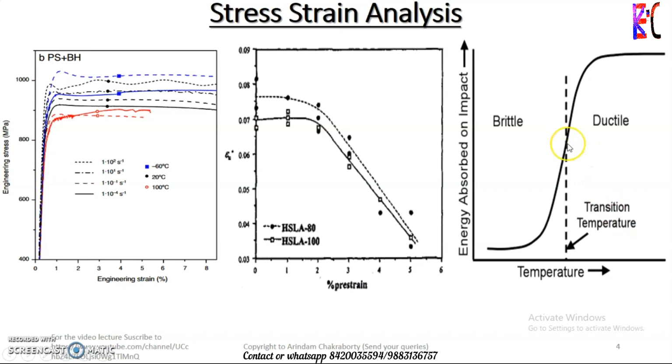There is a certain temperature at which a material can behave like a ductile material, and the same material can also behave like a brittle material. That means you can't completely say a material is ideally brittle or ideally ductile. A material which is brittle at room temperature may not be brittle at higher temperature.